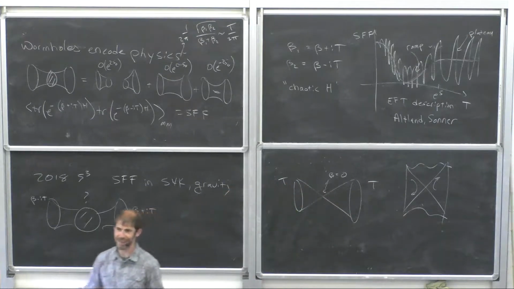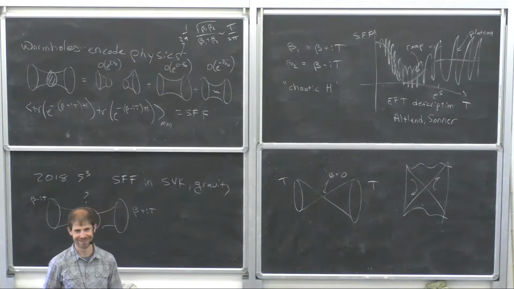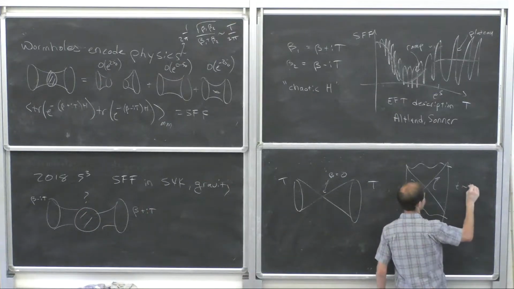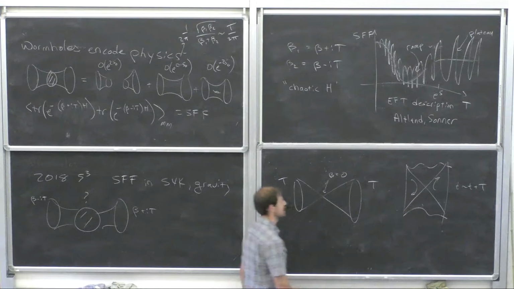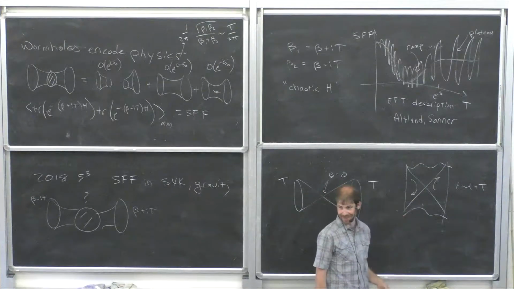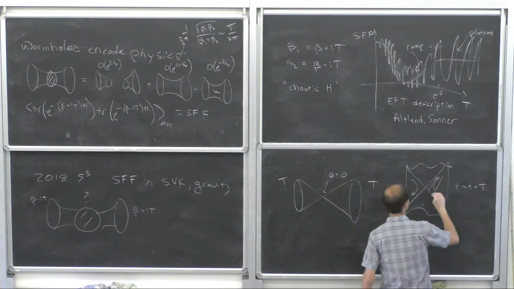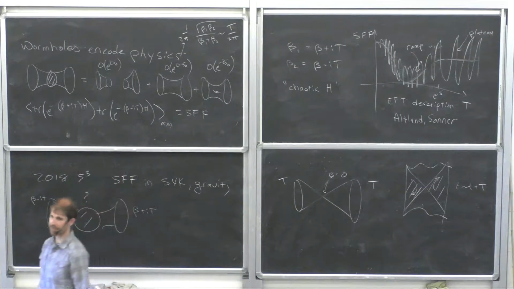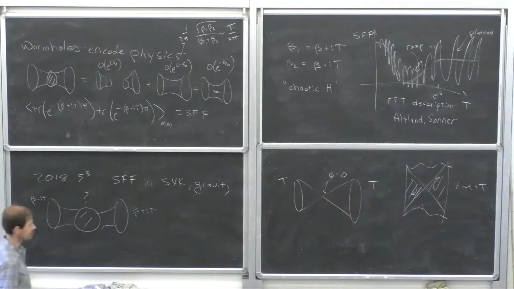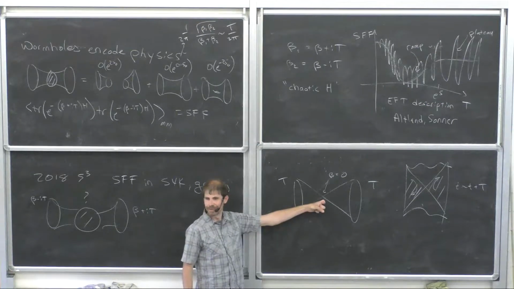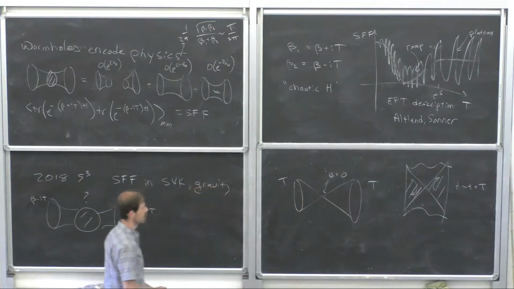Orbifold by that time-like Killing direction by an amount big T, and just keep the exteriors. That's this. You can do that for any two-sided black hole. It's a singular configuration, but it's a configuration nevertheless.